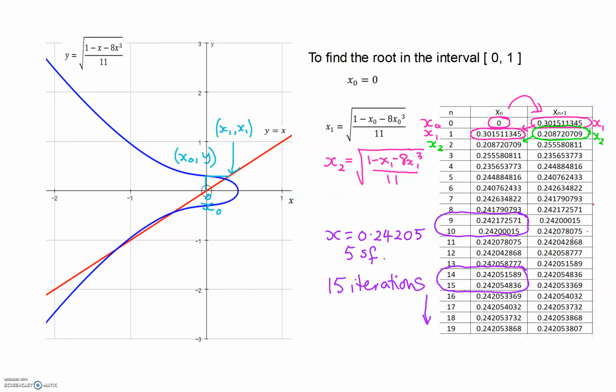Because it's on the line y equals x, our x and y coordinates must be the same. And because we've moved horizontally across, our previous y value, which was generated using our iterative formula, because remember this graph, the blue graph, is y equals our iterative formula, has become x1.